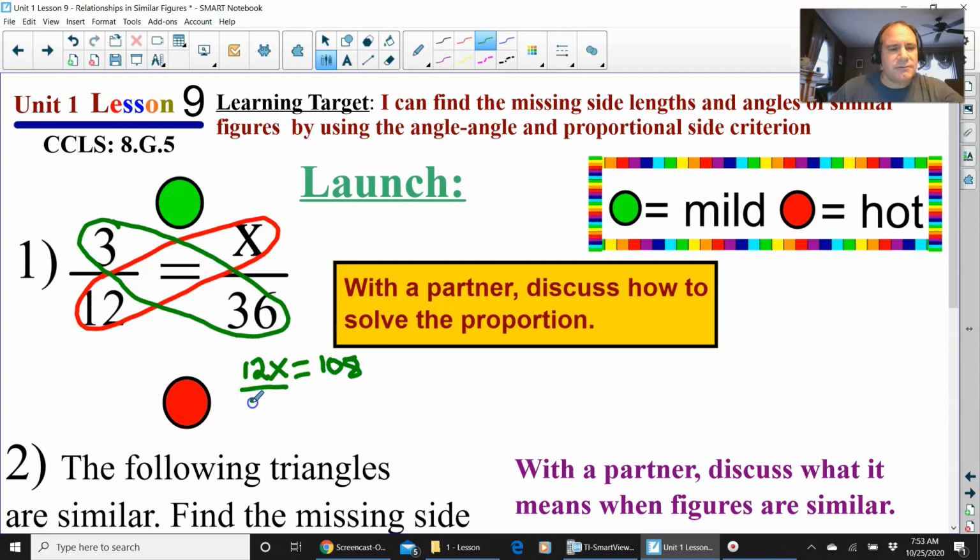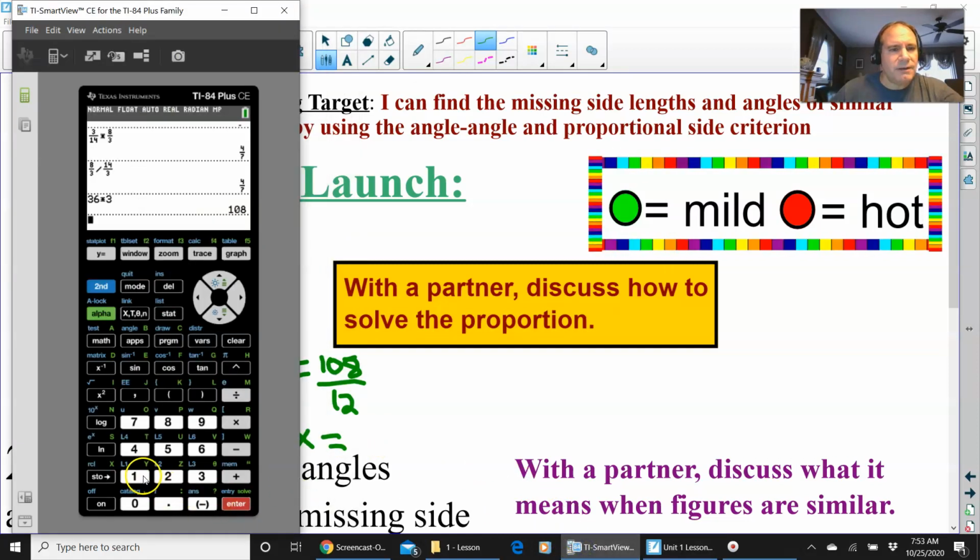Then this is a single step equation. You have divided by 12, divided by 12. And again, we're going to use our calculator. 108 divided by 12. And that is 9.